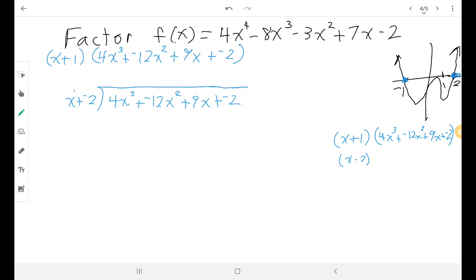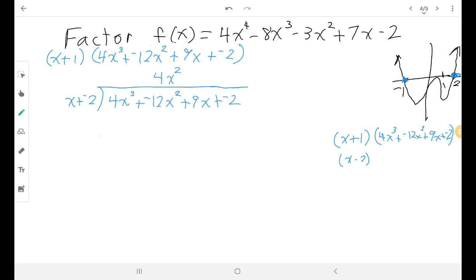So the question is, what do I have to multiply by the x to make the 4x cubed? If you think about it, the answer is 4x squared, right? So I'll put 4x squared up here.